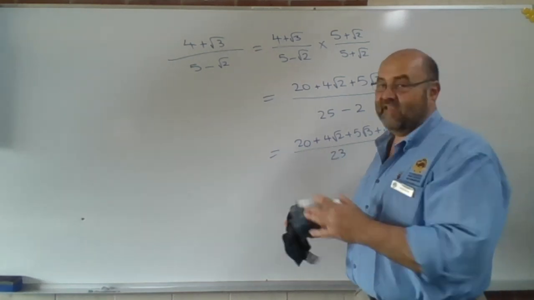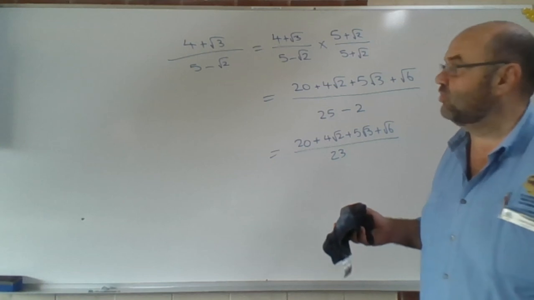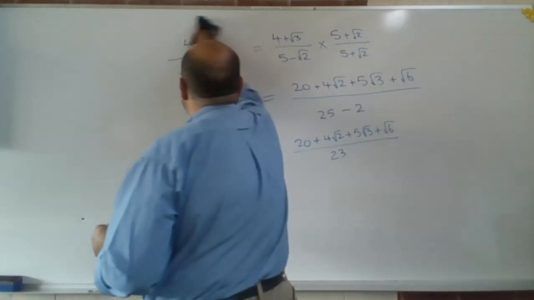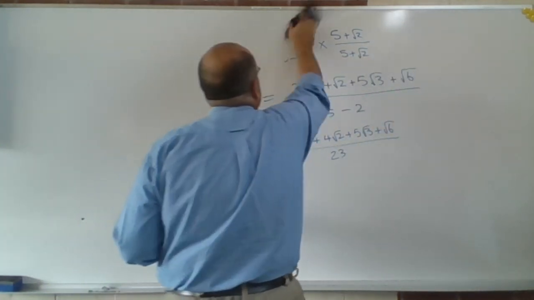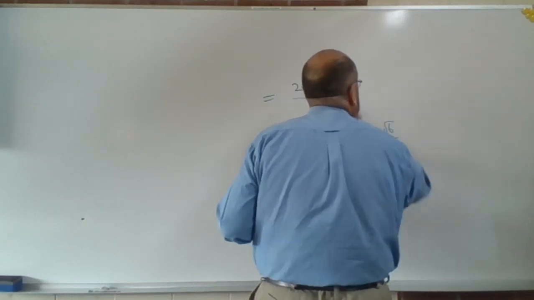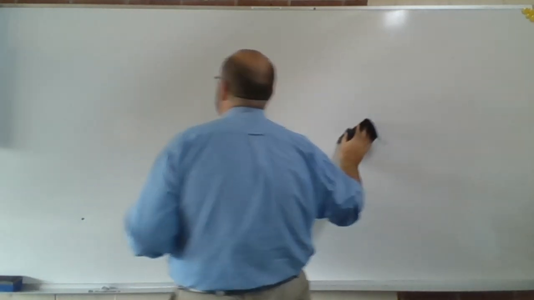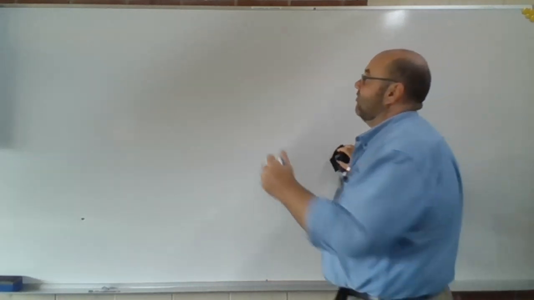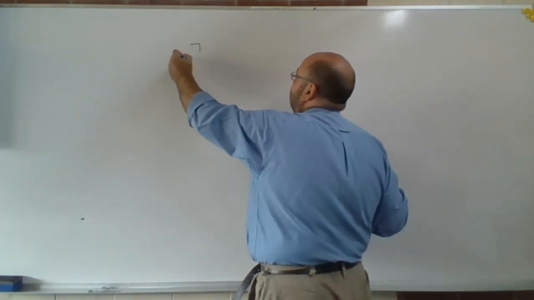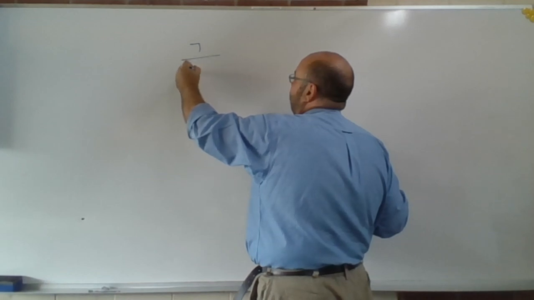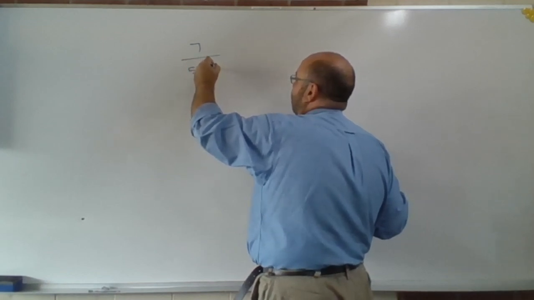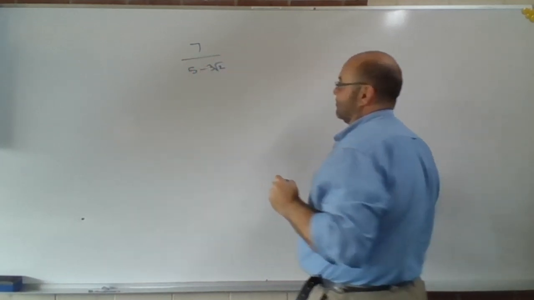Okay, let's step it up a little bit more with an even more challenging example. So let's say now I've got 7 over 5 minus 3 root 2.